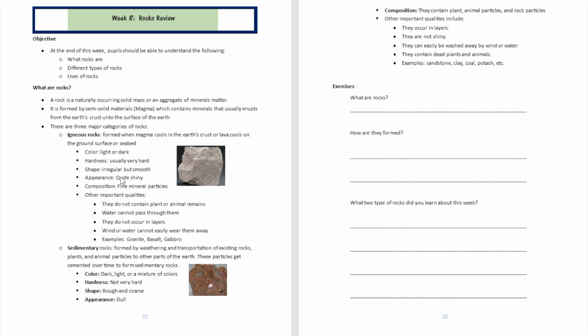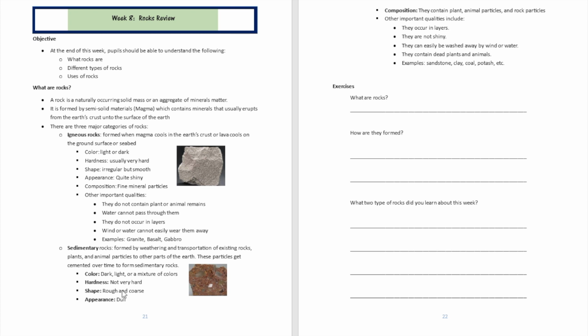They may have irregular shapes, but they are very smooth. They are quite shiny. They have fine mineral particles in them. They do not contain plants or animal remains. Water cannot pass through them. They do not occur in layers. Wind or water cannot easily wear them away. Examples are going to be granite, basalt, and gabbro.